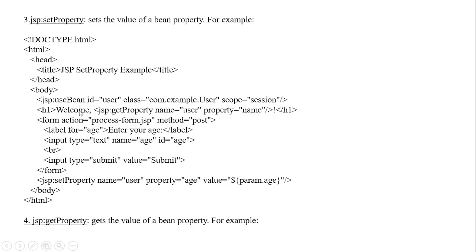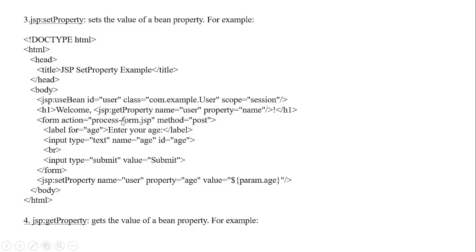After that we just printed a welcome. After printing a welcome, we get a property from the user bean class, and maybe we have a property name there. Our instance variable is there, and the instance variable is name. So I just put the property name here.